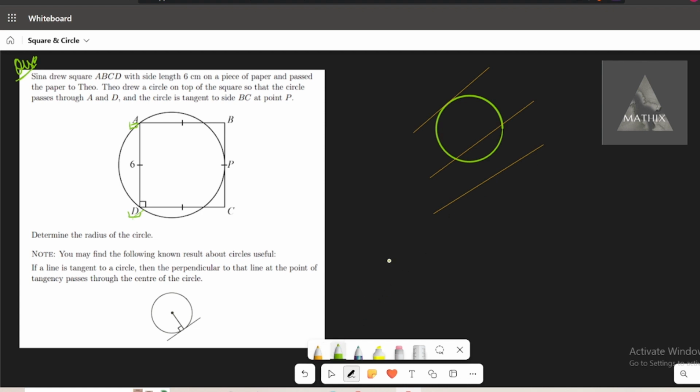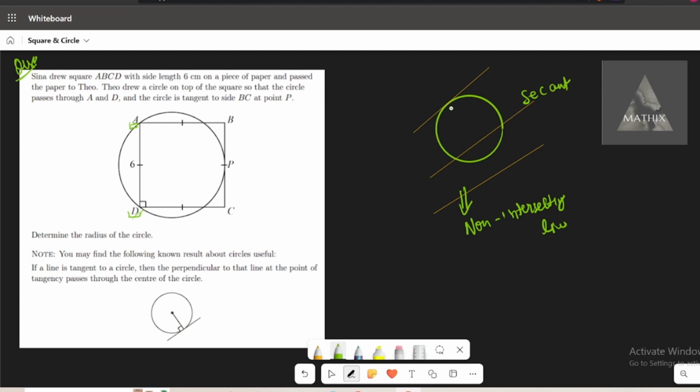The very first line that I drew is not intersecting the circle at any point, so we say this is a non-intersecting line. This next line is cutting the circle at 2 points, so this is a secant line. We call that type of line a secant.